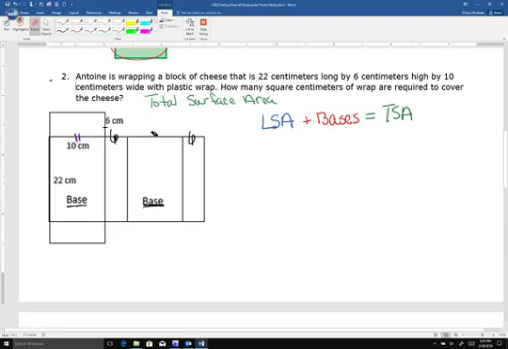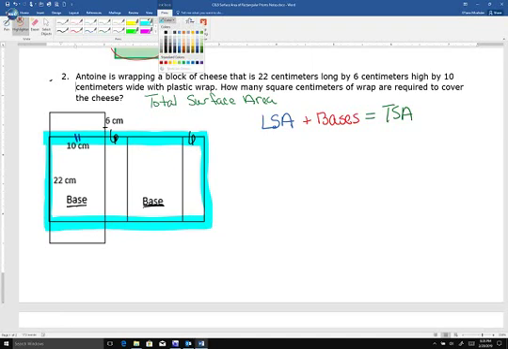I am actually going to change that because I want to use lines of congruency instead. So let's draw this back. We're going to find the area of this first. I know these are the same.